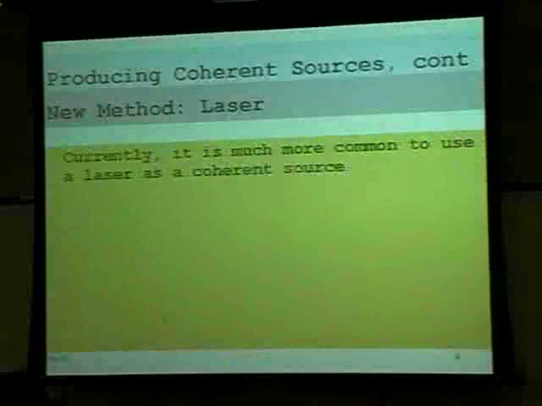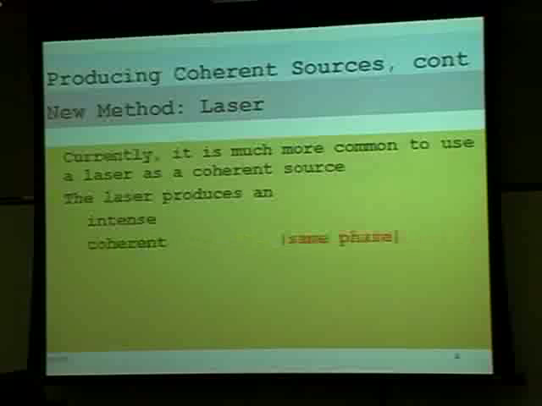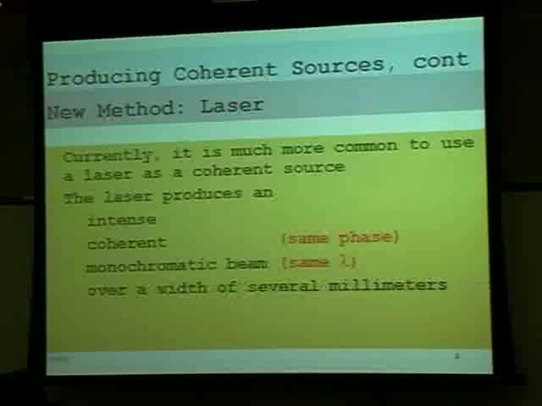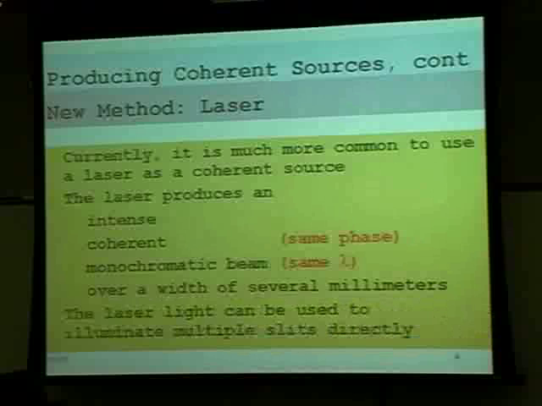Another option is a laser. A laser is a coherent source. It's intense, in phase, monochromatic, same wavelength, over a width of several millimeters so that you can get two closely spaced slits. And hence laser light can be used as your source directly.